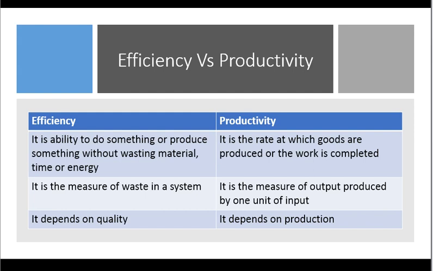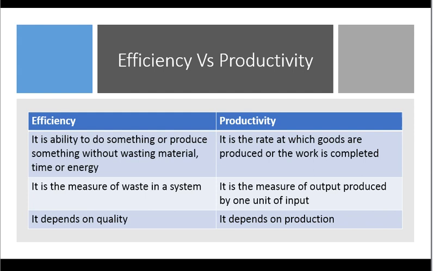I think the efficiency part is clear, and we already know what productivity is. Efficiency deals with quality. You produce 10 products, 3 are defective, so the good products, 7, divided by the total number of products, 10, is the efficiency.